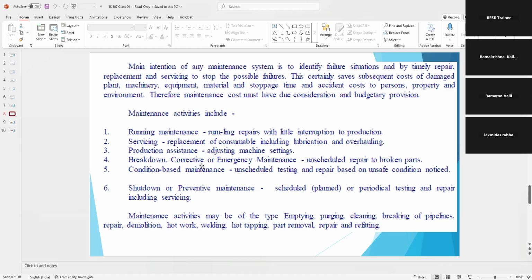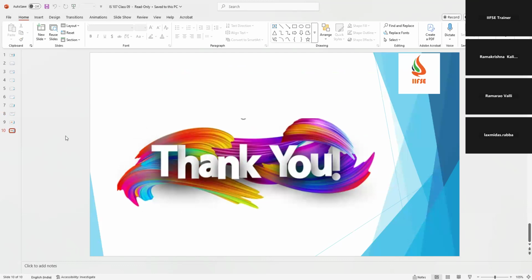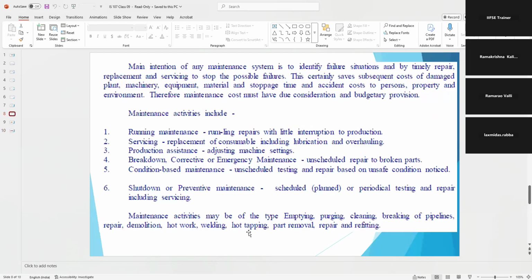Then we have breakdown maintenance, like corrective and emergency maintenance, unscheduled repair of broken parts. Condition-based maintenance is unscheduled testing and repair based on unsafe conditions noticed, as I told you, like unnecessary noise or vibration, etc. Shutdown or preventive maintenance is nothing but scheduled or planned periodical testing and repair, which includes services. And maintenance activities may involve emptying, purging, cleaning, breaking of the pipeline, repair, demolition, hot work, welding, hot tapping, part removal, repair, and refitting.